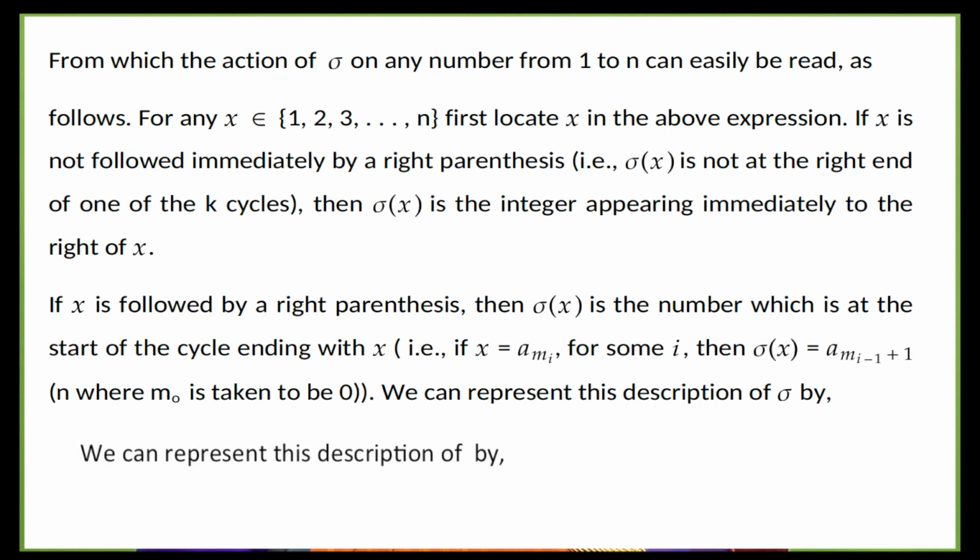If x is followed by a right parenthesis, then sigma of x is the number at the start of the cycle ending with x. That is, if x equals a_mi for some i, then sigma of x equals a_m(i-1)+1, where m0 is taken to be 0.